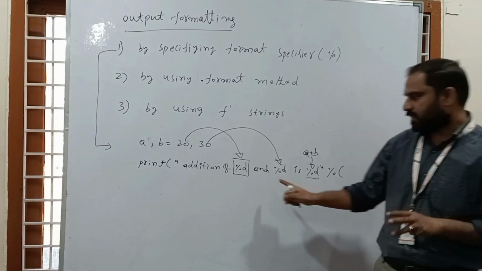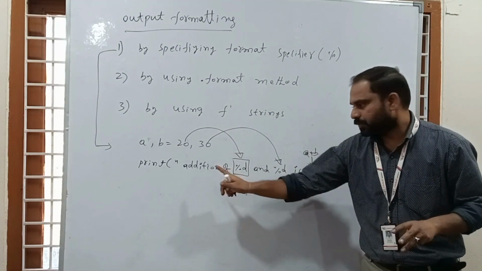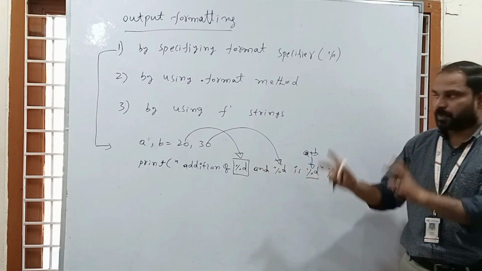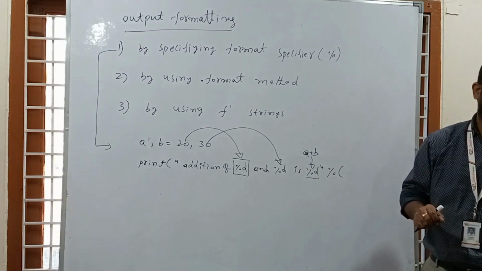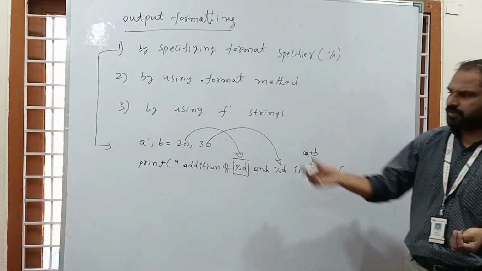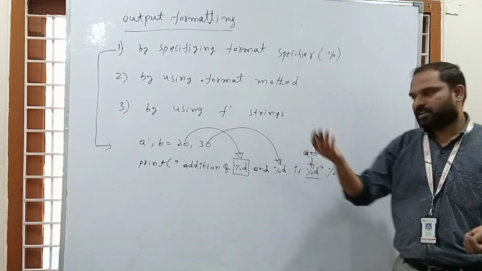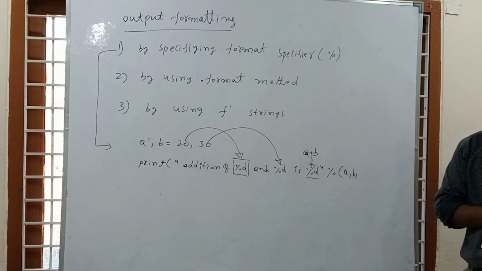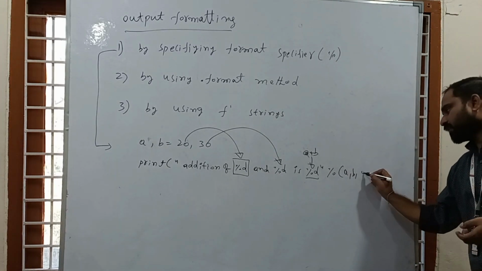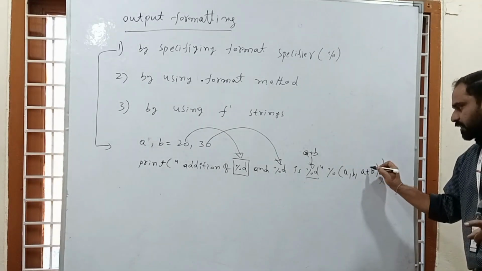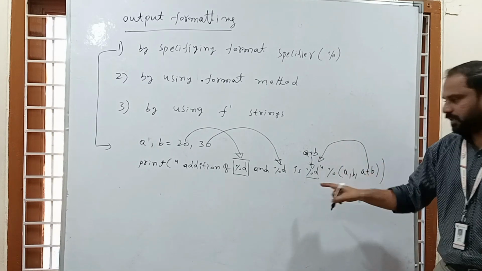There are three %d places: 1, 2, 3. In the first %d we need to pass variable a. You can directly specify the value also, but we have already stored the value in a variable. We specify a, comma, b, comma, a plus b. Now a plus b will get evaluated and the result will be passed to that place.